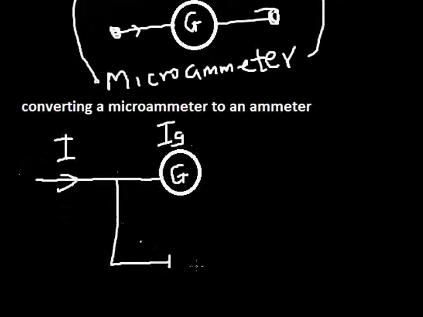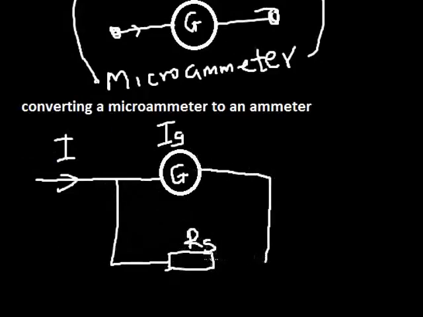So all I do is connect a resistor to divert some of the current, and that resistor is known as a shunt resistor. So if you are asked how do you convert a microammeter to an ammeter, you do it by connecting a shunt resistor in parallel with the galvanometer, so that as the current enters this branch, the galvanometer only takes its maximum current, IG.